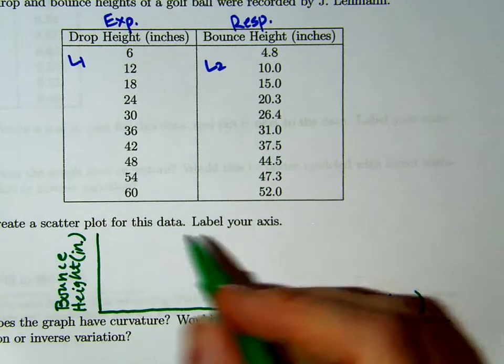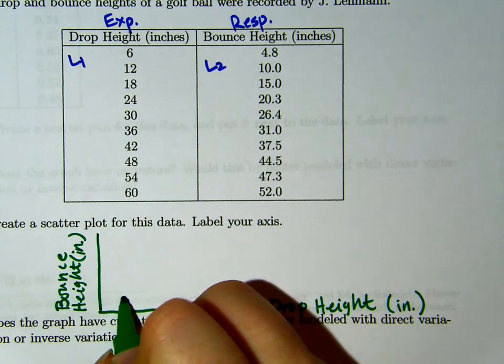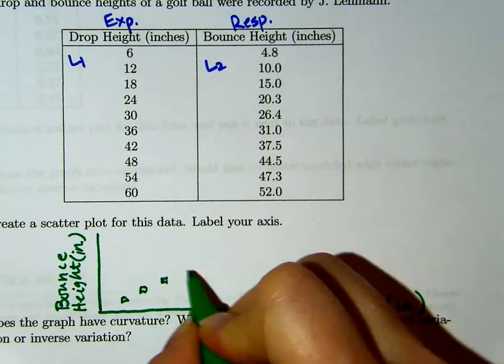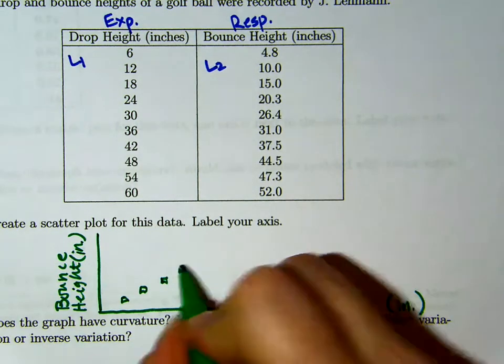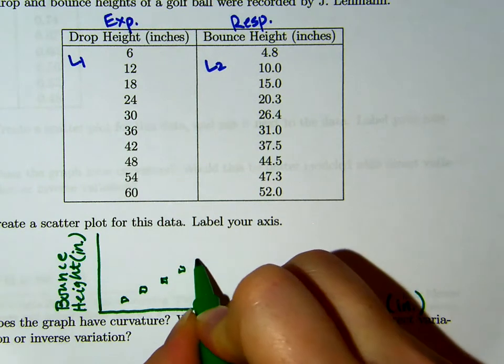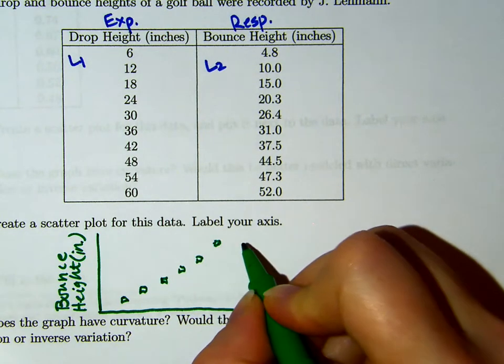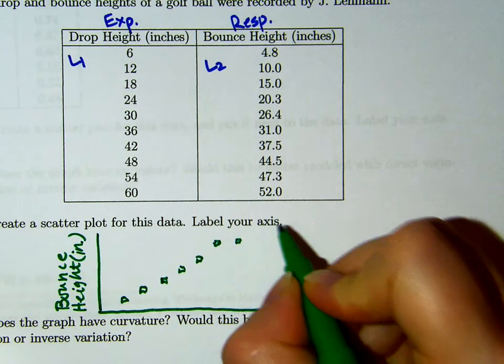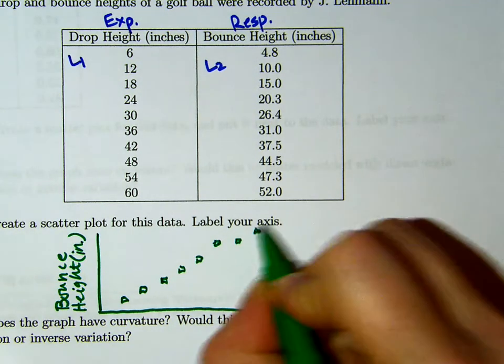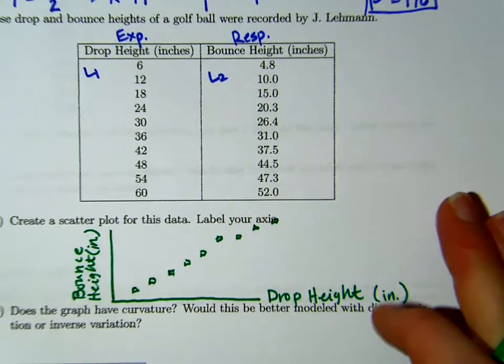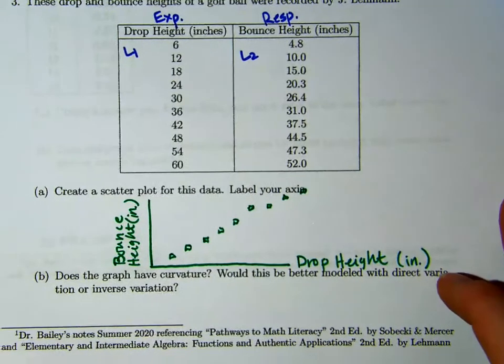And our graph ends up looking something like, it is pretty darn linear. Rough sketch.